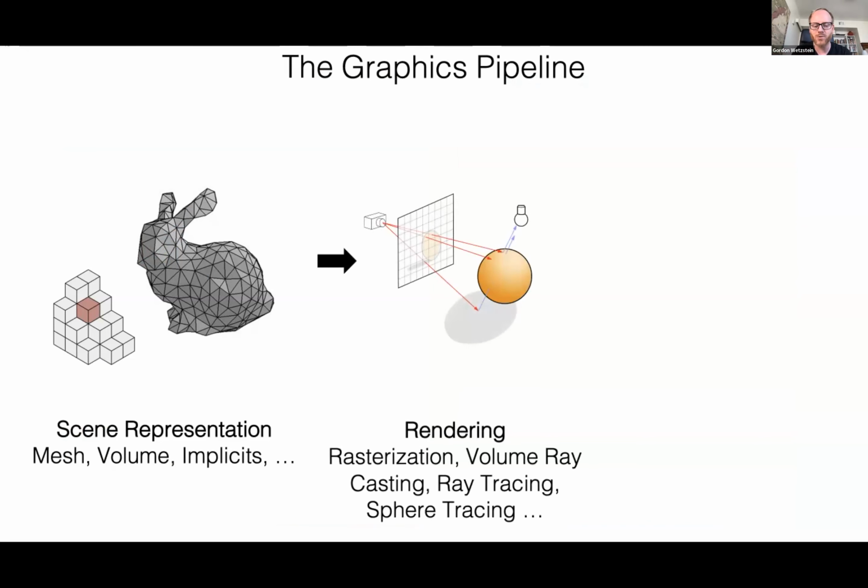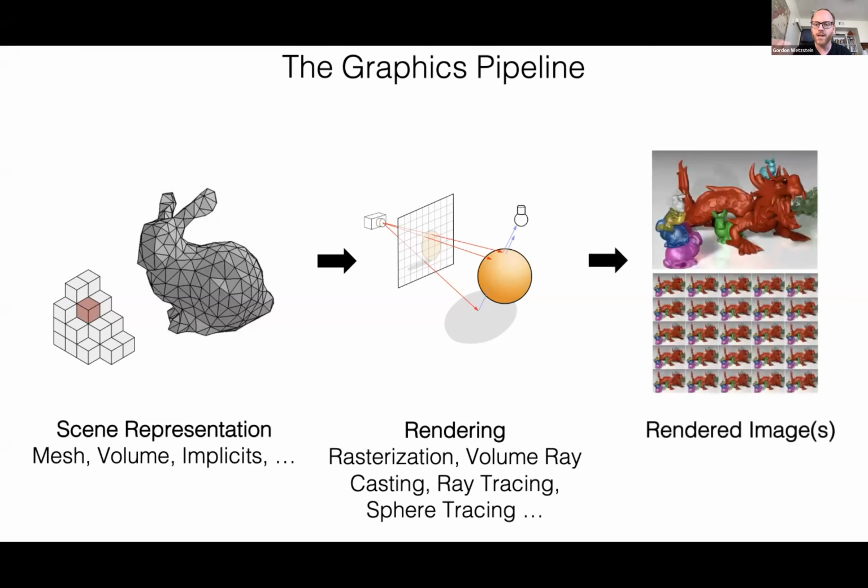The most commonly used rendering engine uses rasterization because it's really fast, and GPUs were designed to do all of this in hardware. But there's volume raycasting, ray tracing, sphere tracing, many other techniques. Even volume rendering as employed by NeRF and other methods was invented in the graphics community in the 80s and 90s. We use them out of the box today. And at the end of the day, you get a single image or multi-view image out.